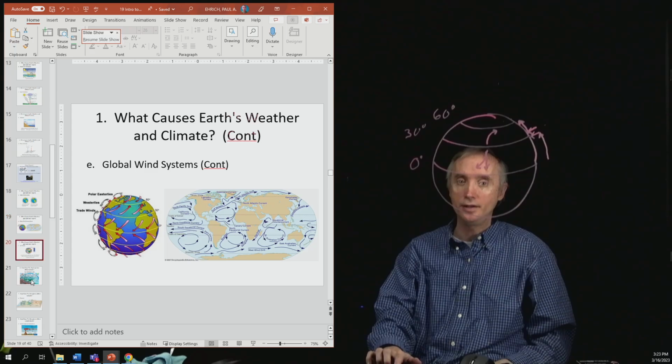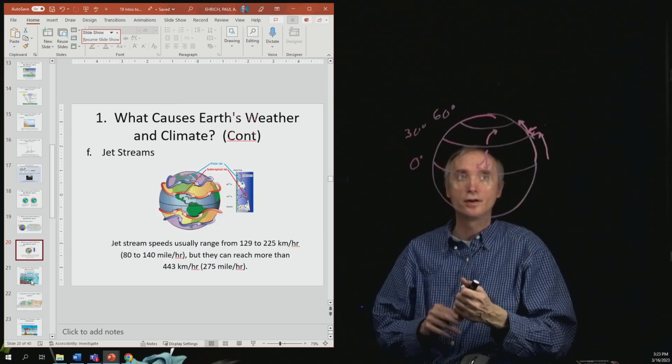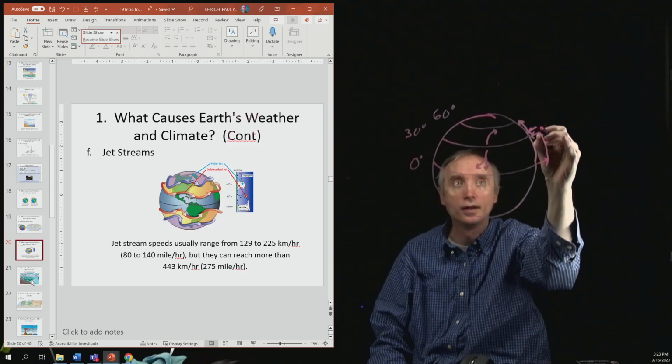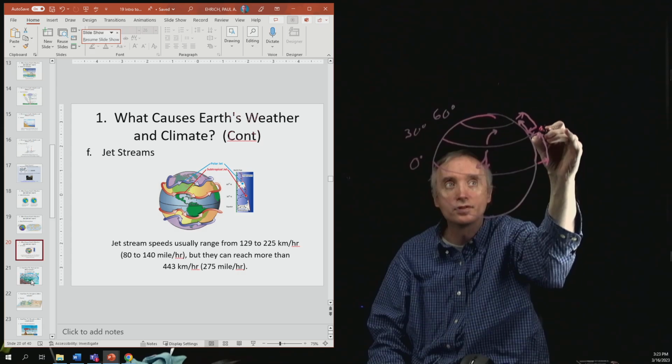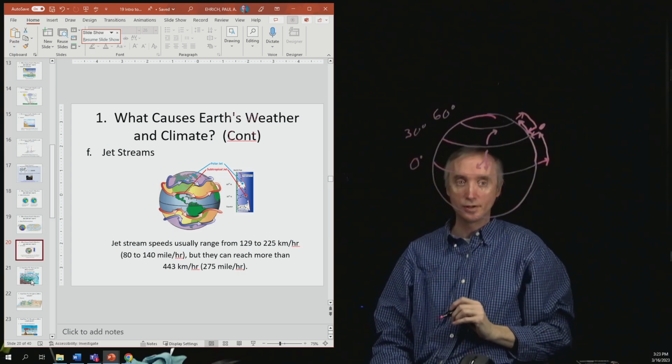Now, what's going on in between the convection cells? We said that there was a convection cell here, and then you had a convection cell over here. So what's going on right there in between where those two convection cells are coming together?